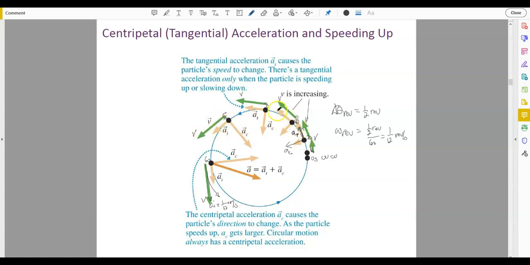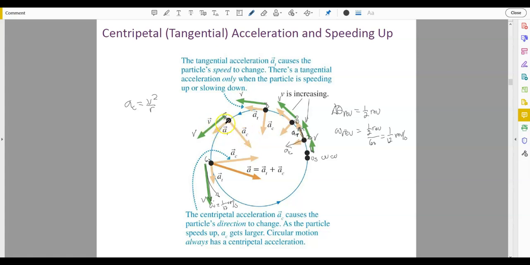Since centripetal acceleration is equal to the velocity squared over the radius, you will see that the acceleration vector can grow and increase along with this velocity vector, and that's because the tangential acceleration is increasing the velocity, which in turn will increase the centripetal acceleration.